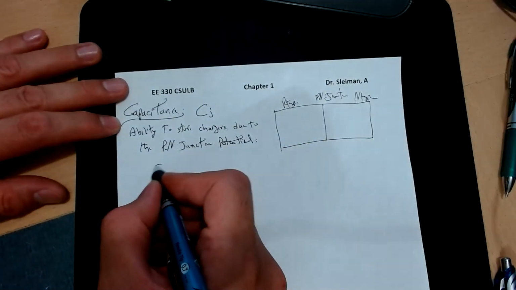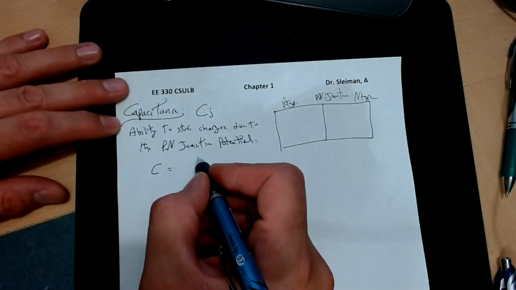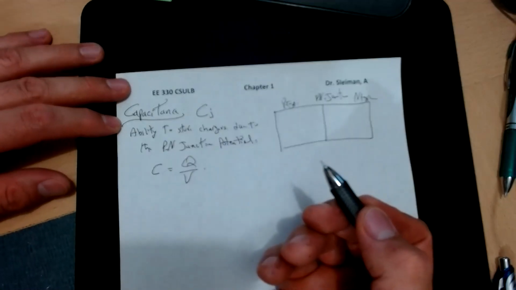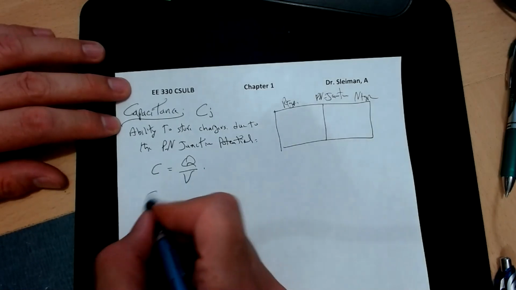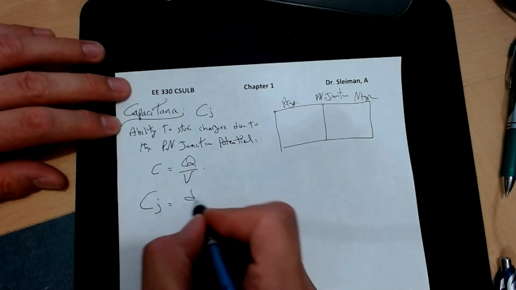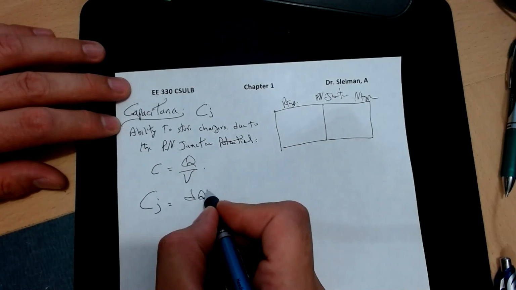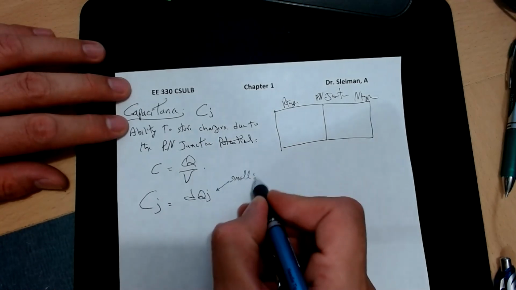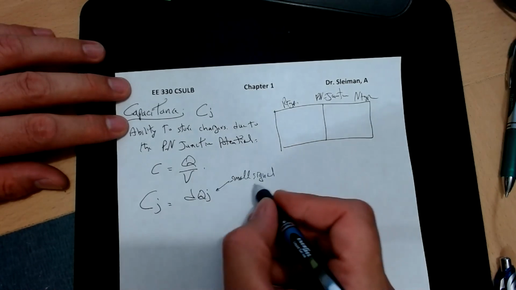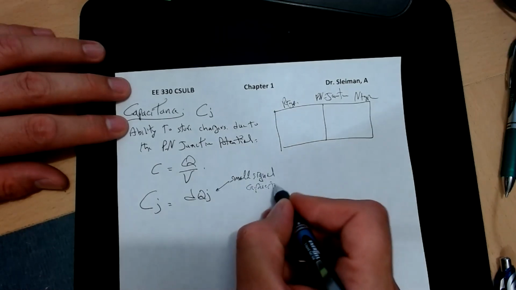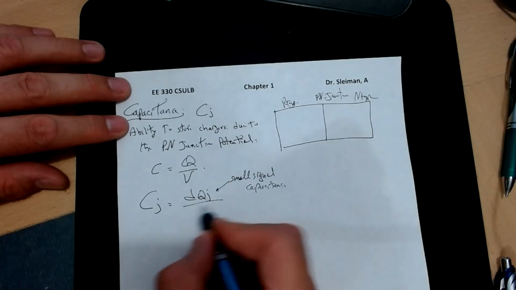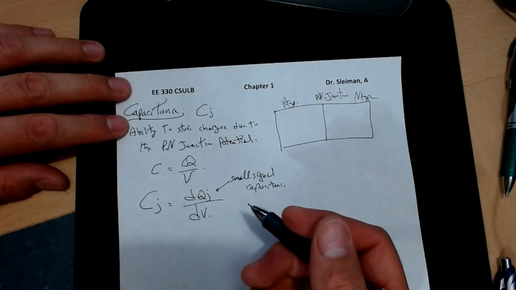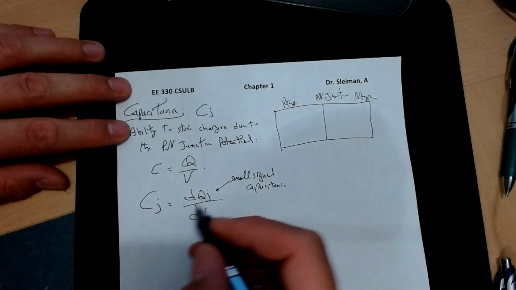And we already know that the capacitance is the total charge divided by the voltage. In this case, Cj is equal to dQj, which is the small signal capacitance, over dV. It will change due to the voltage.